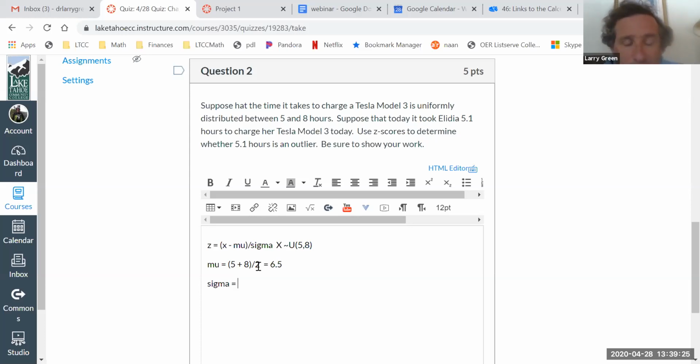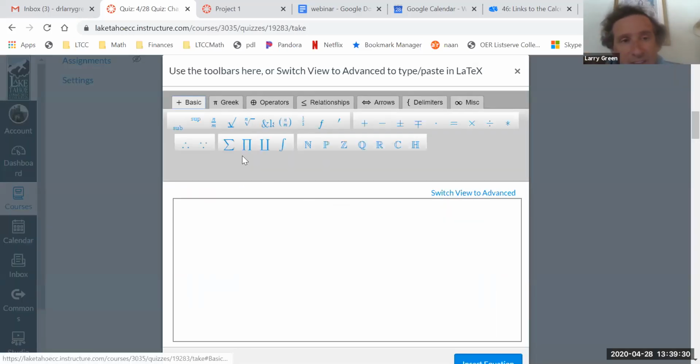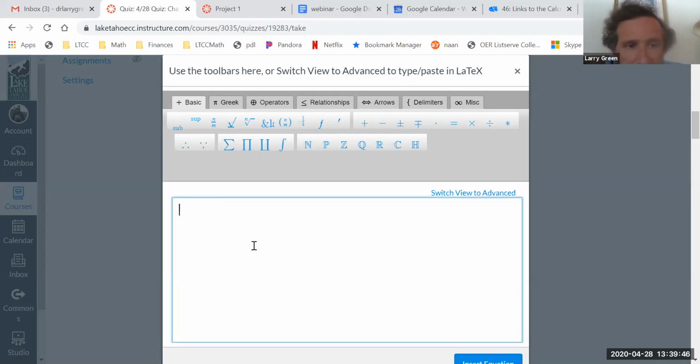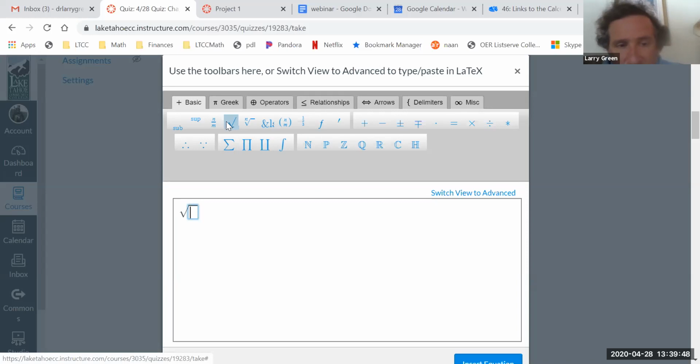We have a formula for that, and it's too fancy to type, so I'm going to use the math page editor. If you remember, that is going to be the square root of (B minus A) squared divided by 12.